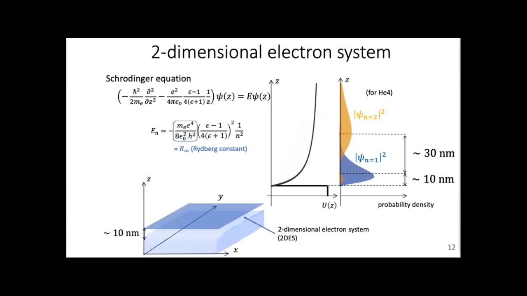Now the confinement is only along Z, normal to the surface of liquid helium. So the electrons can move freely along X and Y. So the two-dimensional electron system is formed 10 nanometers above the surface of liquid helium.